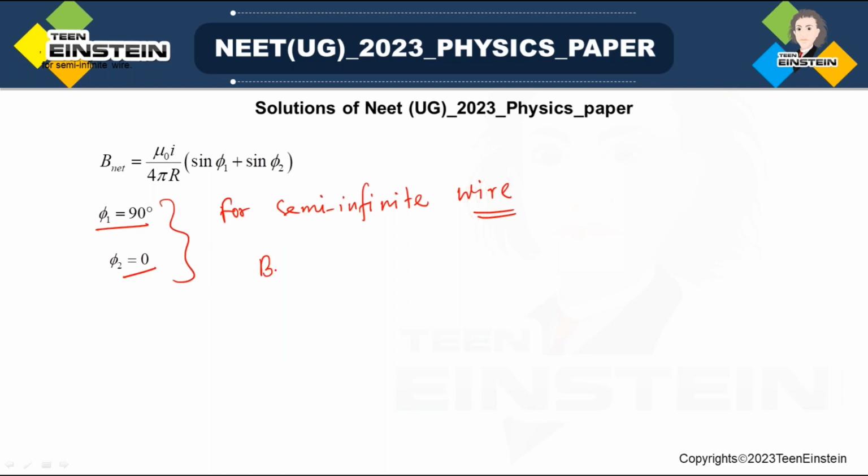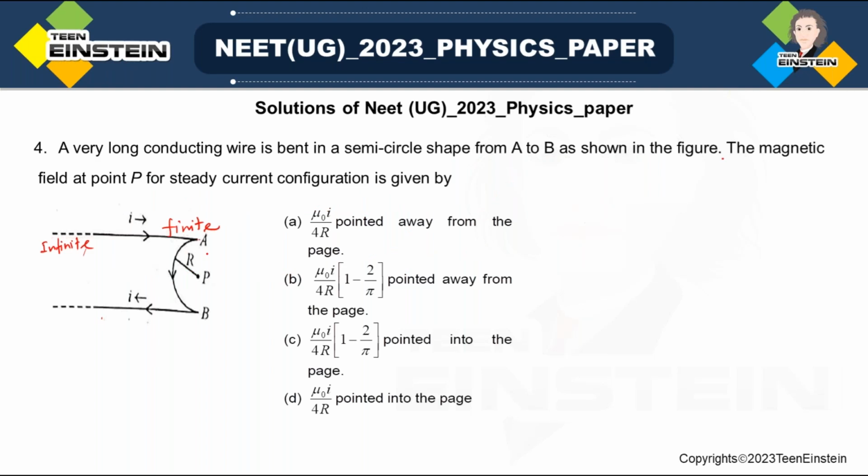So B net due to the straight portion, in this case the semi-infinite straight portion, is equal to mu0 I by 4 pi r into 1. Okay, so this will be the magnetic field. At this position P, the distance is just nothing but r itself.